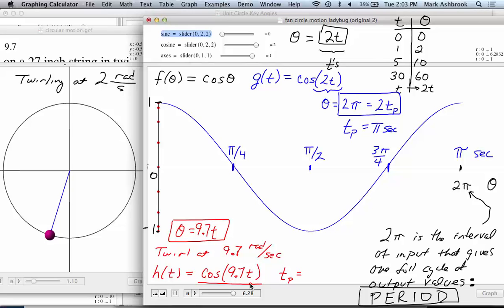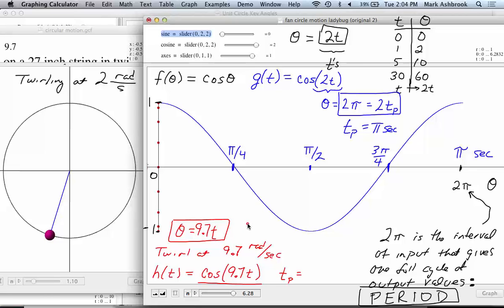Okay, what quantity is that? That's right. Since it's the whole thing going into cosine, it's the input of cosine. It's not the input of h, but it's still the input of cosine. So as a whole, that 9.7t is the angle swept counterclockwise from the 3 o'clock position, and that's how we said theta equals 9.7t.